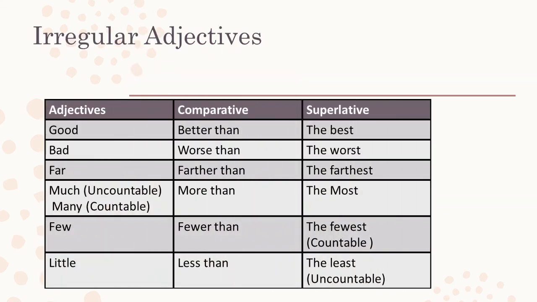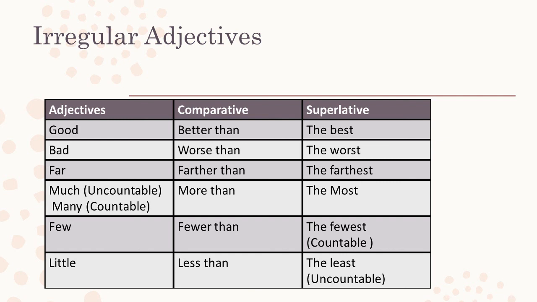Irregular adjectives. We have some adjectives that we cannot add ER in the comparative form or EST in the superlative form. So good is going to be better than. In the superlative form, it's going to be the best. Bad in the comparative form is going to be worse than. In the superlative form, it's going to be the worst.